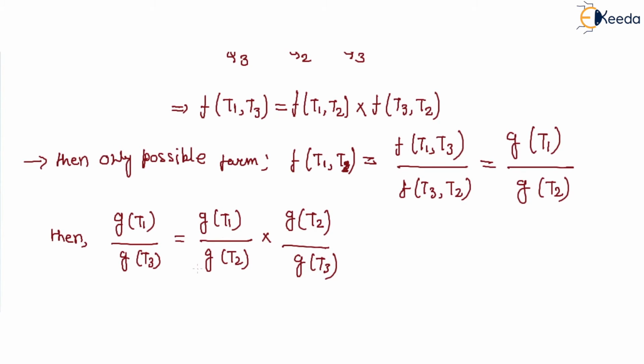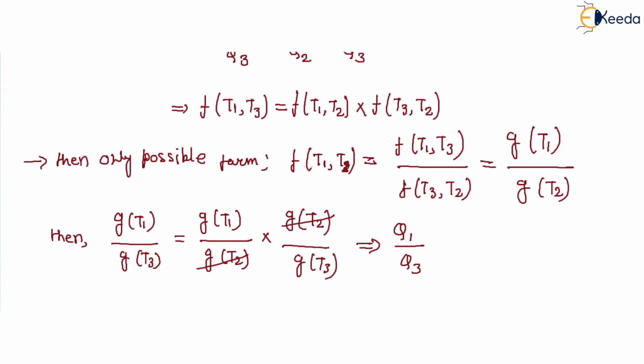So this will cancel out, no problem. So what is g(T1) by g(T3)? It is f(T1, T3), and f(T1, T3) is Q1 by Q3.